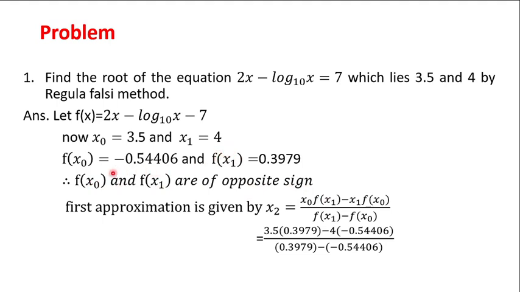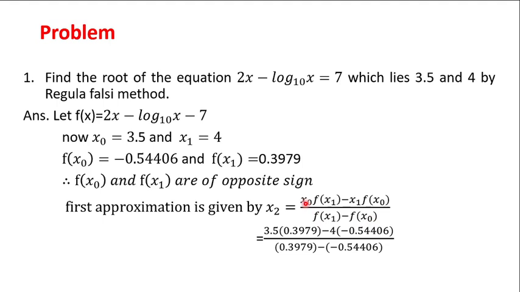Therefore, the given root lies between x0 and x1. We write the first approximation, x2 is equal to x0 into f of x1 minus x1 into f of x0, whole divided by f of x1 minus f of x0.